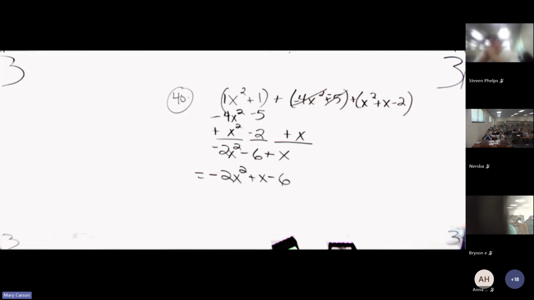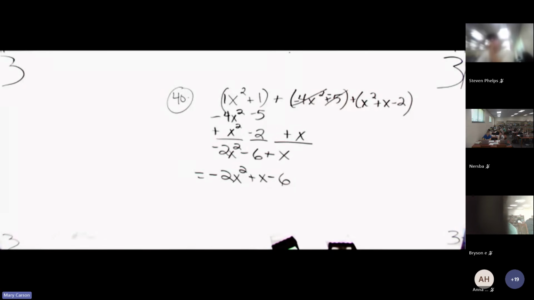Oh, I didn't give you 62. 62 was 2x squared minus 3x minus 9. 76 was 25x squared minus 9. And then 78 was 9x squared minus 24x plus 16. Any questions on those? Those are using FOIL and the box method.